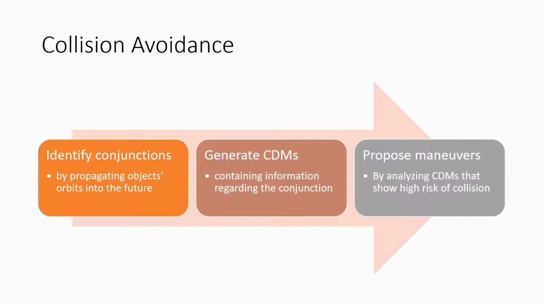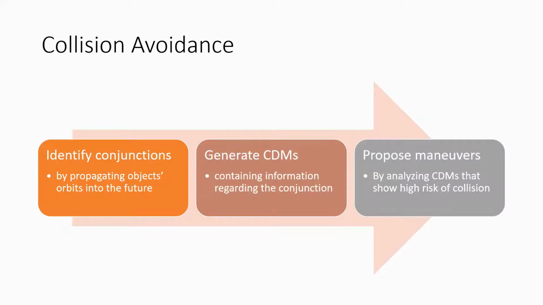So these values are put in a conjunction data message, and it is released, and it is given over to the analysts who analyze these conjunction data messages, and they decide whether there is a need to maneuver the satellite out of the way or not. And only if the risk of collision is high, the satellite is maneuvered out of the way. And yeah, that's how avoidance is performed currently.